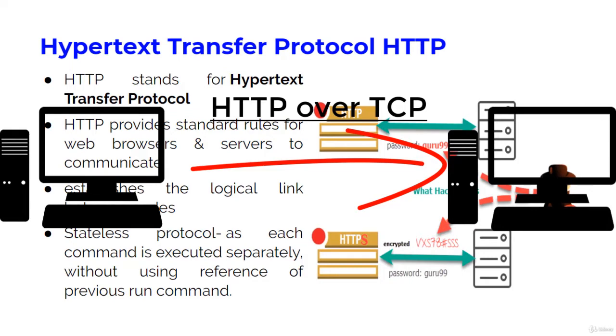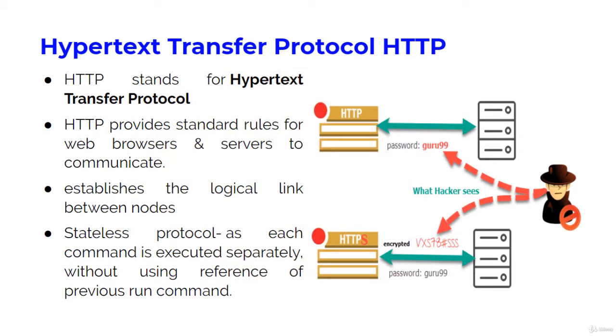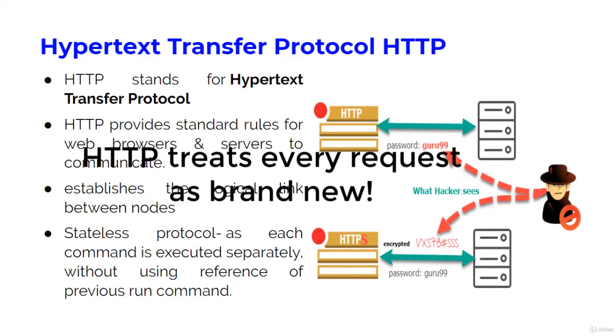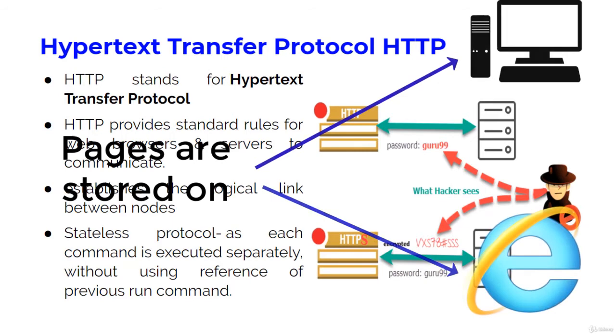such as the TCP. HTTP can be implemented on top of any other protocol on the internet. The lifetime of a connection corresponds to a single request-response sequence. The pure HTTP server implementation treats every request as if it was a brand new request. HTTP pages are stored on your computer and internet caches.